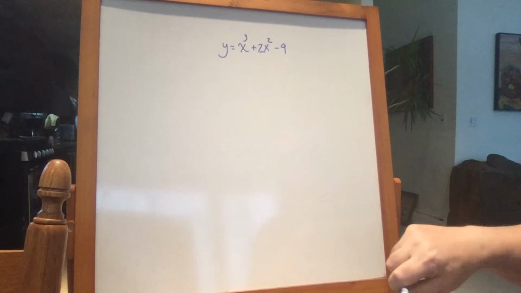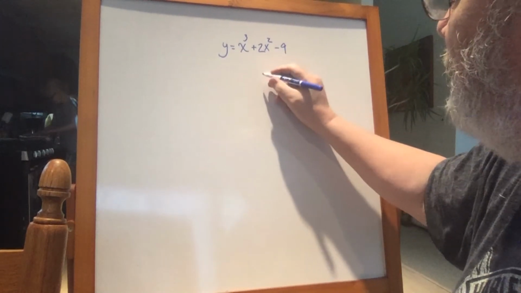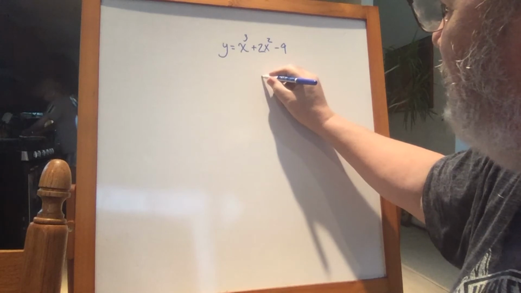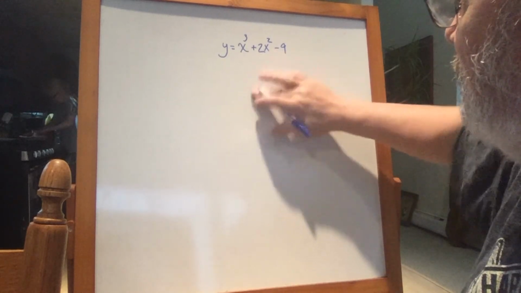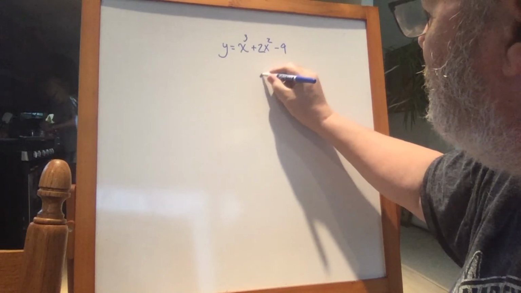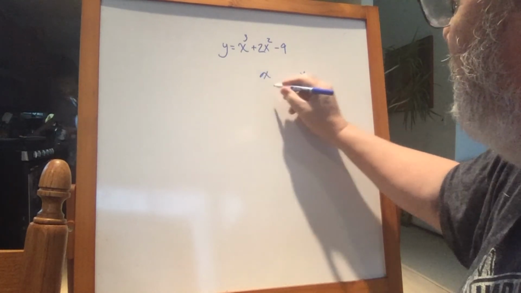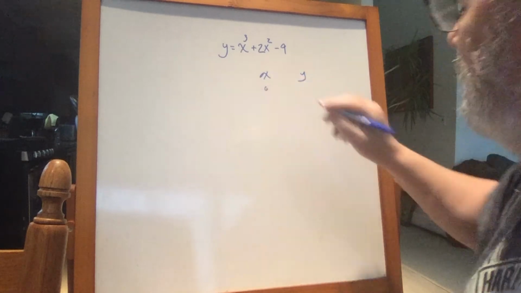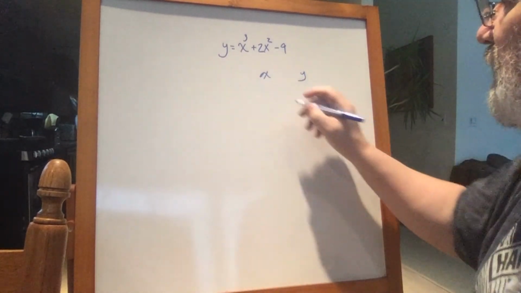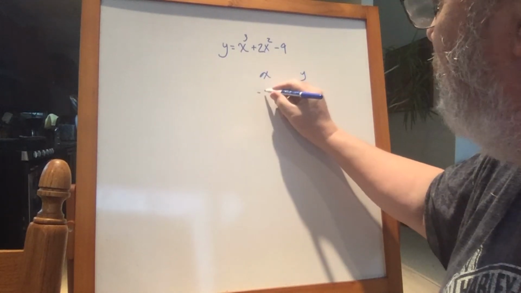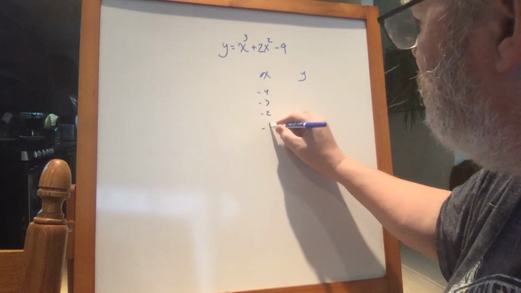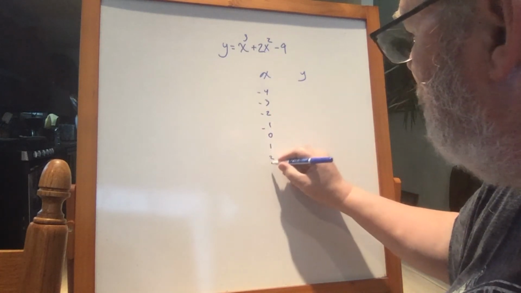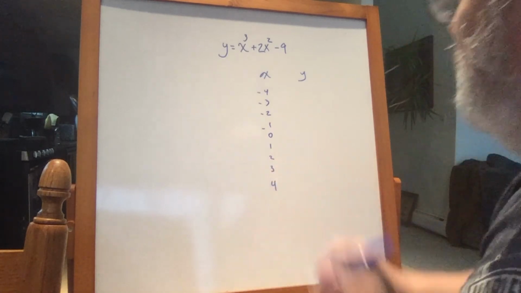If we try to plot that, we could always set up a table. We go x and y. Well, let's start in the negatives. X is negative 4, negative 3, negative 2, negative 1, 0, 1, 2, 3, 4.